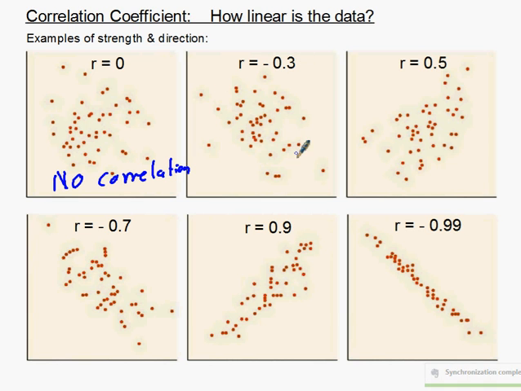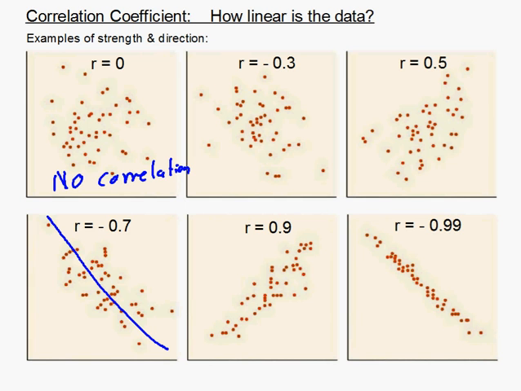There's maybe slight negative correlation. 0.5, now they're kind of alternating between positive and negative just to give you some practice. It's starting to have some recognizable correlation. 0.7, this is where you start really recognizing that there is a linear relationship here. And certainly by 0.9, it's pretty strong, and 0.99, of course, is very strong. 1 or -1 is perfect. It would be perfectly lined up.